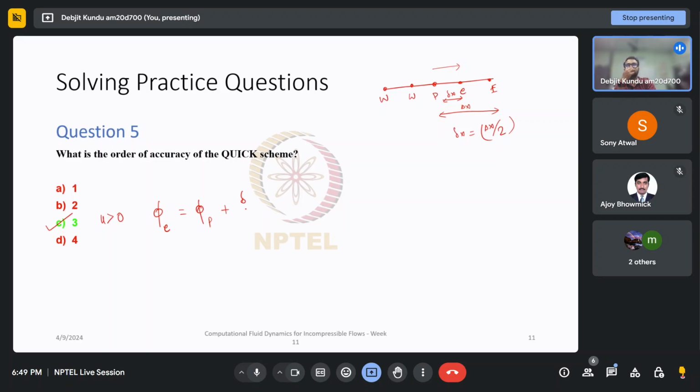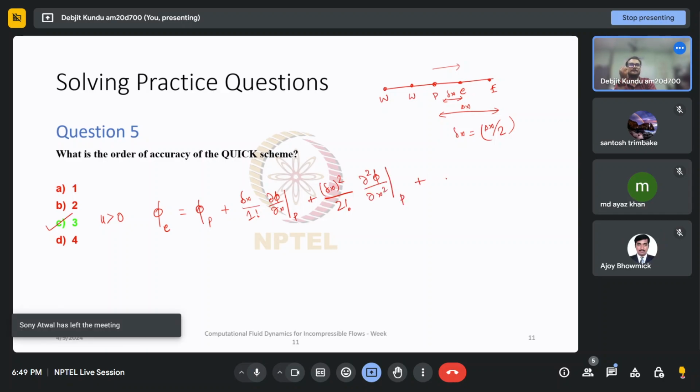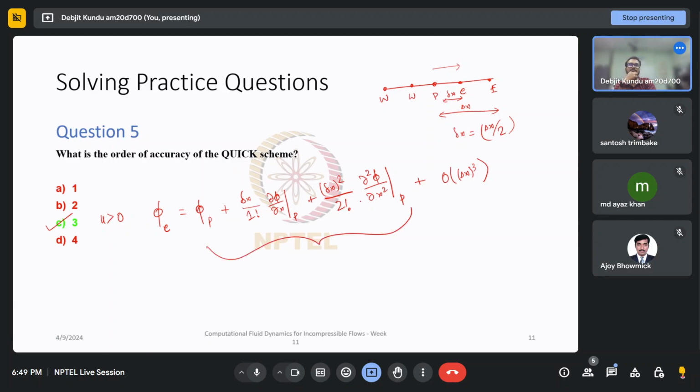So while doing this, I'll just use delta x over 1 factorial into dou phi dou x at P plus delta x squared divided by 2 factorial into dou 2 phi dou x squared at P plus higher order terms, which is of the order 3. So in quick scheme, up to this quadratic term is also considered, and the higher order terms from the third order onward are ignored. So that's why the order of accuracy is 3.